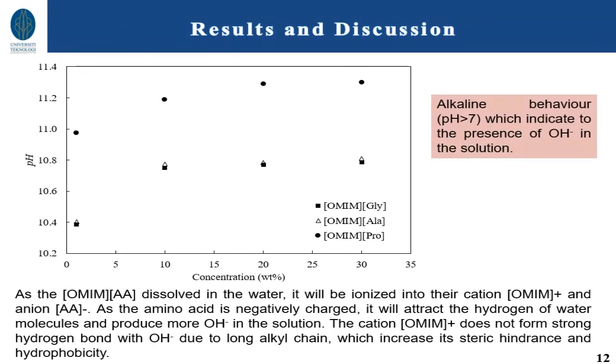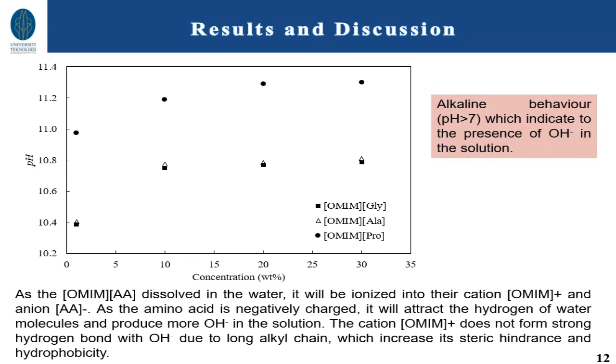Looking at the first parameter and first objective, pH, we find that OMIM proline shows more alkaline behavior as compared to glycine and alanine. As we know, when OMIM AA dissolves in water, it dissociates into its cation and anion.